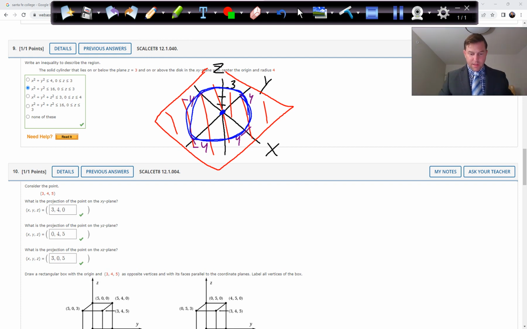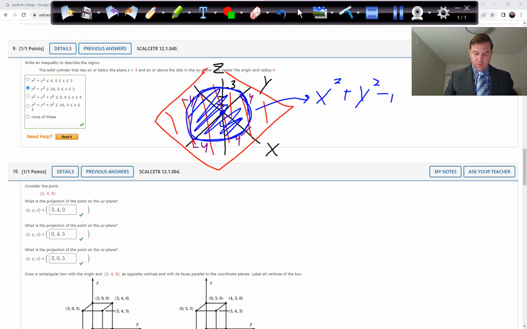in the xy plane. Now this is a solid cylinder, so this thing is going to fill up like a cylinder up and down the z-axis. To capture that circle, the circle is just defined by x squared plus y squared equals r squared.